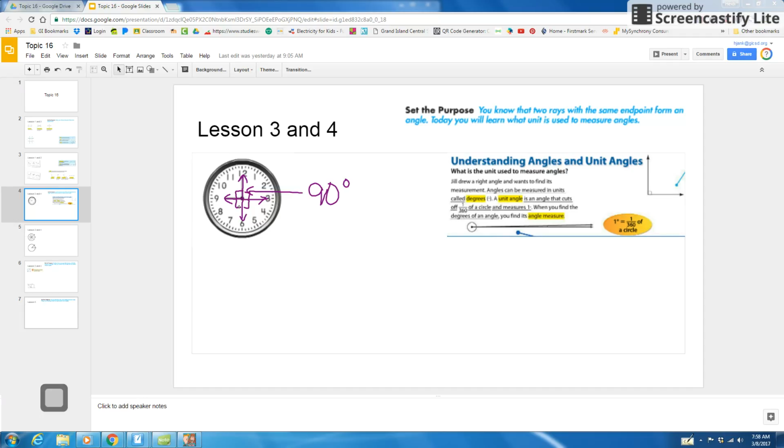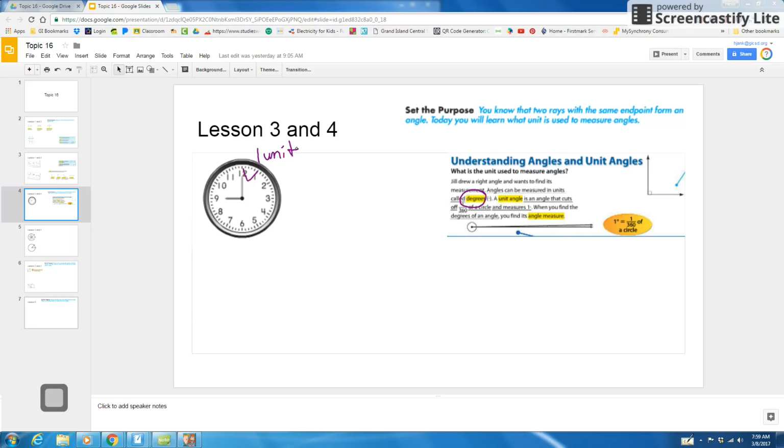So what they want you to know is that you can use a basic unit that you know already to measure and find the angles of other angles. They are measured in units called degrees. A unit angle is an angle that cuts our circle into a certain part. So we can look at this circle and say each of these little sections here is 1 unit. But then you can expand that knowledge.